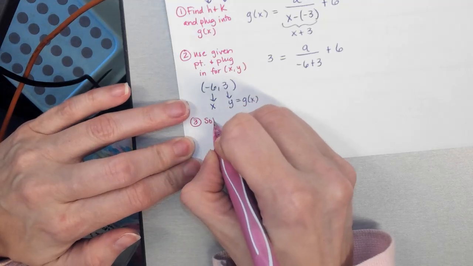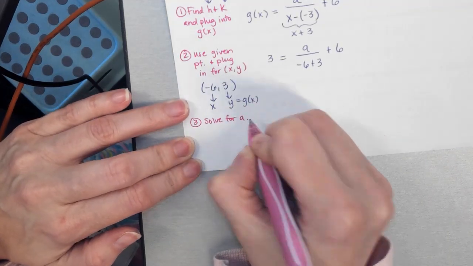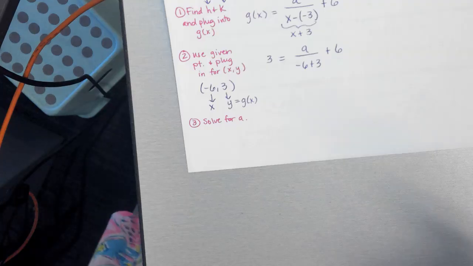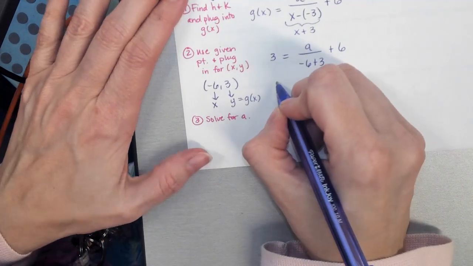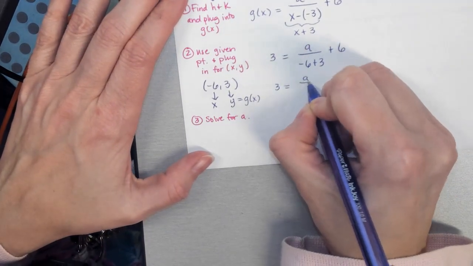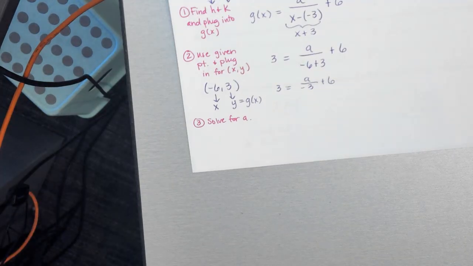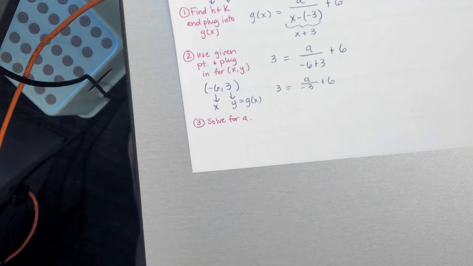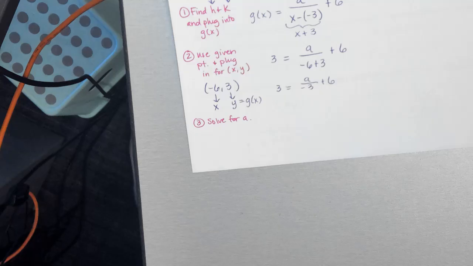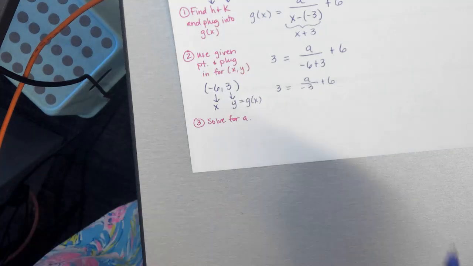Okay, what we have to do is solve that for A. So we're solving that to find our A value. Okay, so we have 3 equals A over negative 3 plus 6. To solve that for A, we have to move over the negative 6 first. If you multiply by negative 3, you have to remember to distribute.